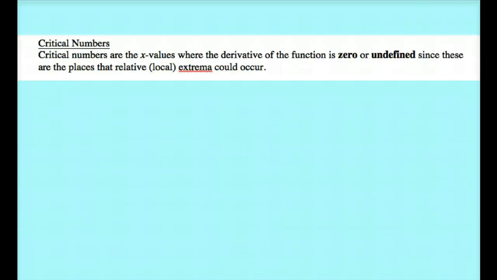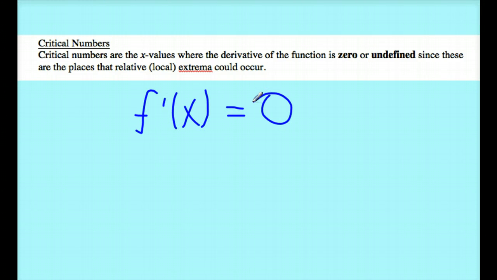So a critical number is when the derivative of a function is 0 or undefined, and this tells us that there has to be some kind of extrema happening there. So just to be clear, I'm going to take f prime of x and set it equal to 0.